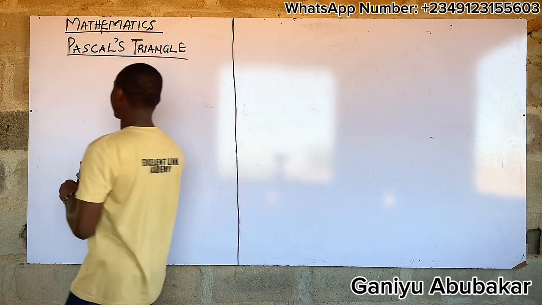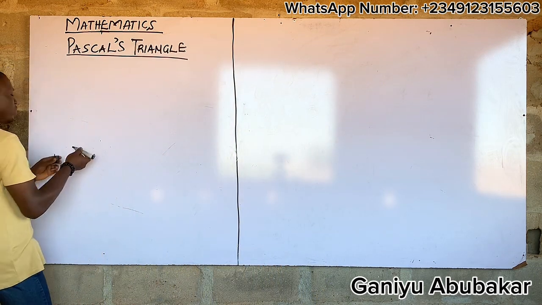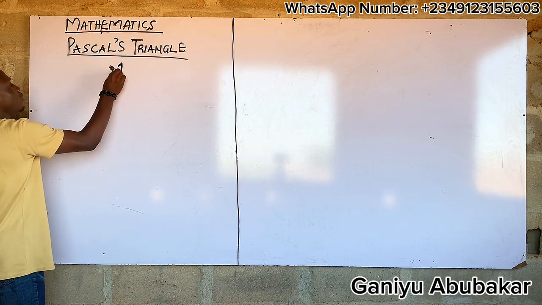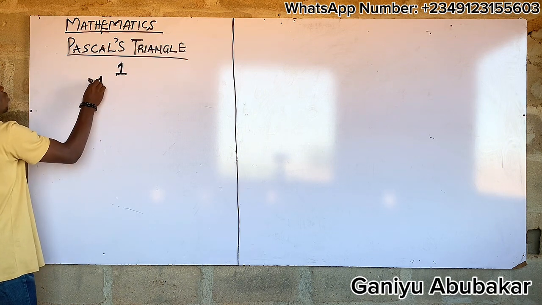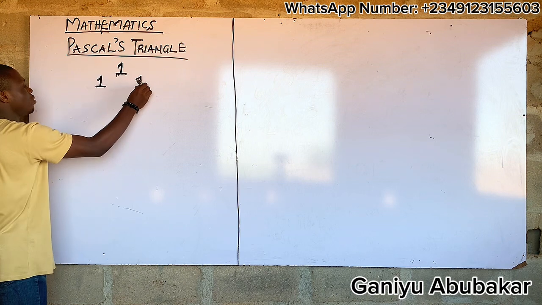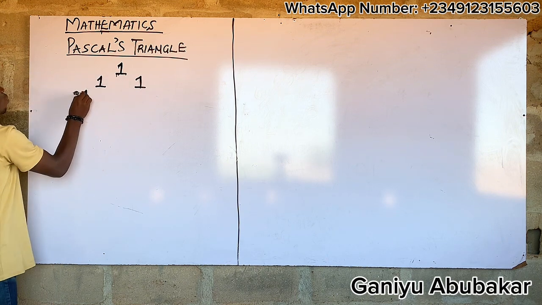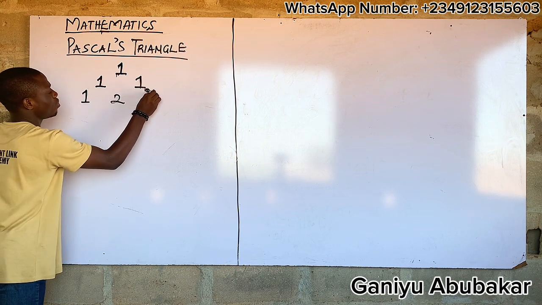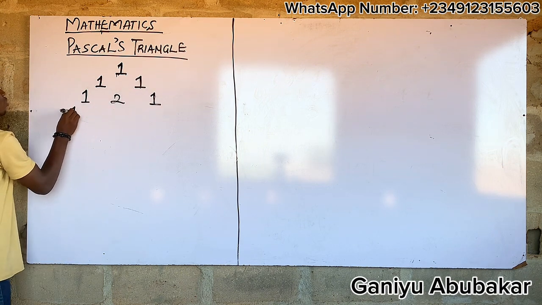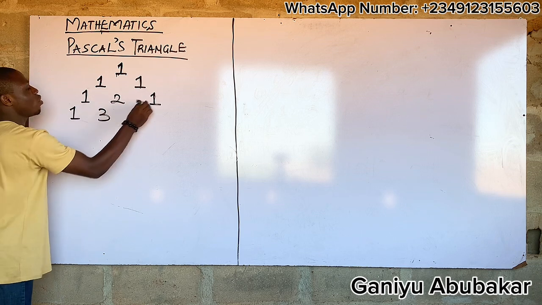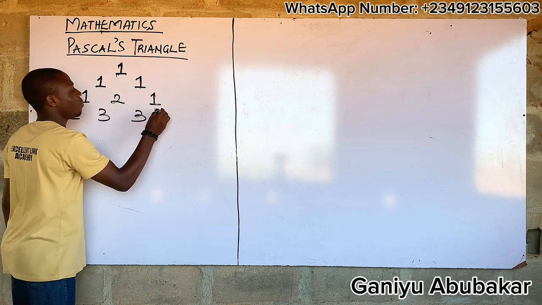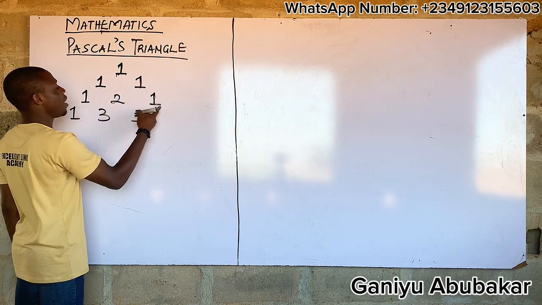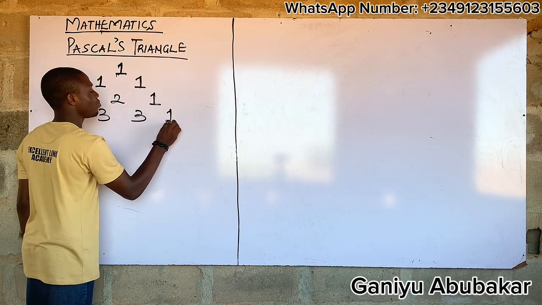Your first task for the arrangement of numbers is to start with 1. Next, 1, 1. Next, 1, combine these 2, 1. Next, start with 1, combine these 3, combine these 3, then 1.